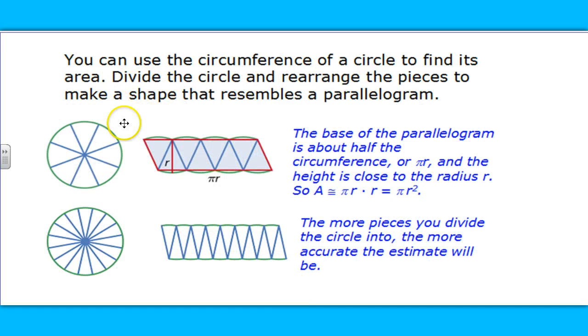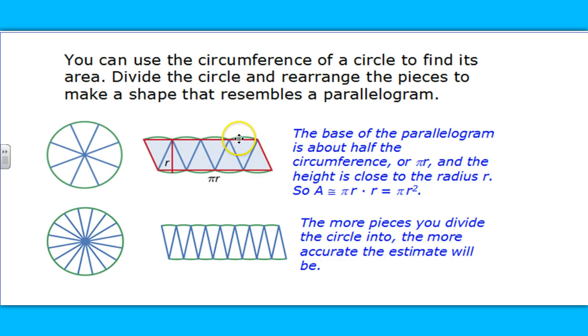You can use the circumference of a circle to find its area. Divide the circle and rearrange the pieces to make a shape that resembles a parallelogram. If we take all 8 pieces in this circle and place them in such a way that 4 are pointing up and 4 are pointing down, we have something that's getting close to a parallelogram.